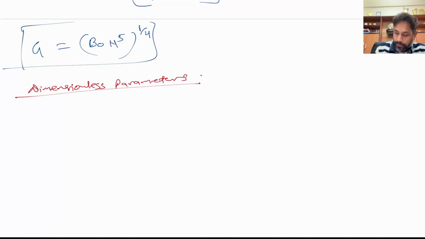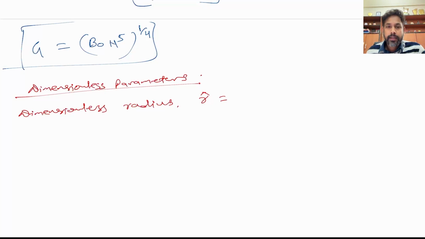Dimensionless radius can be given as r hat, which is r over L. Why? Because r has the dimension of meter and L also has the dimension of meter, so r hat becomes dimensionless.